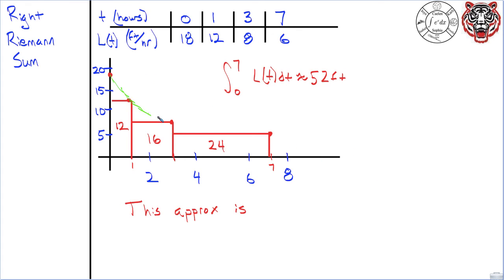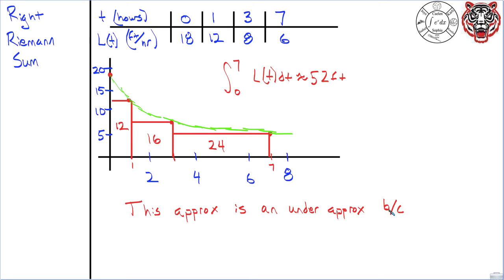So it's an under approximation, and then you have to have the reason. Because L of t is not increasing, it's decreasing. So when it's a right Riemann sum, it's an under approximation.